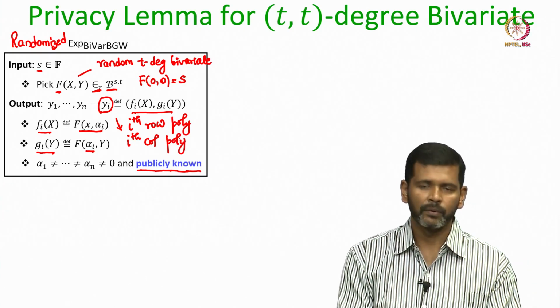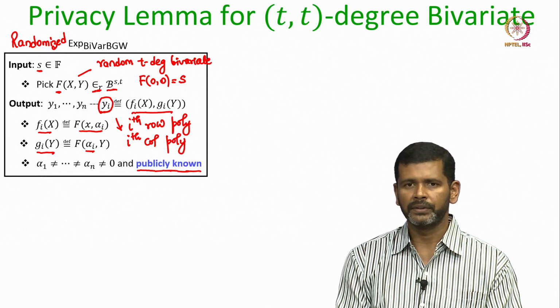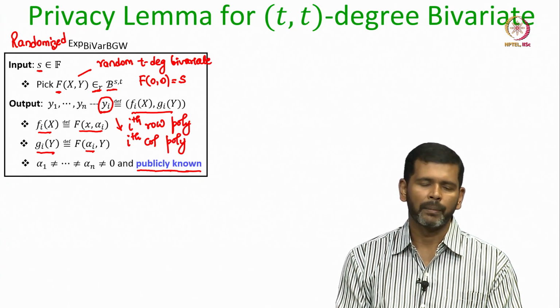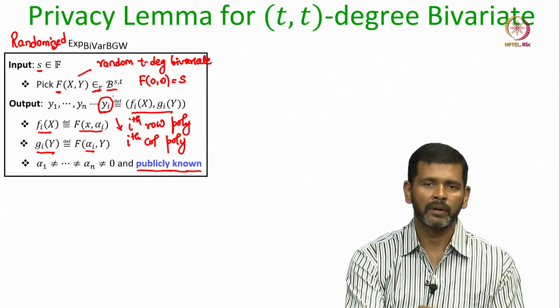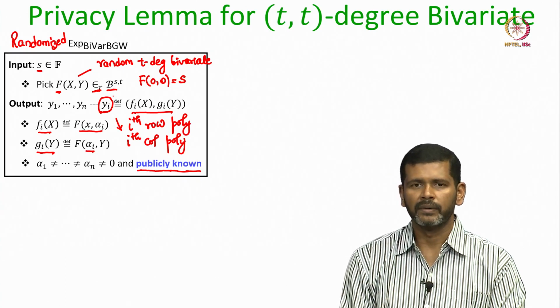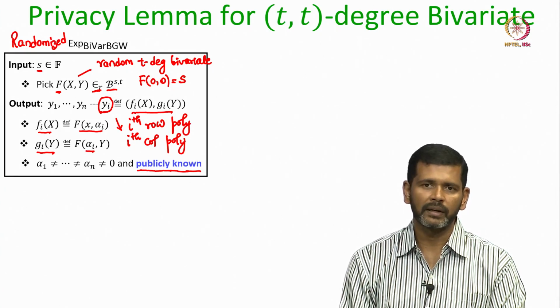So, output y_i consists of the ith row polynomial and the ith column polynomial. And if you are wondering what row and column polynomials are, refer to one of our earlier lectures where we have seen the matrix viewpoint of a bivariate polynomial, how we can interpret distinct points on a bivariate polynomial in the form of an n cross n matrix.